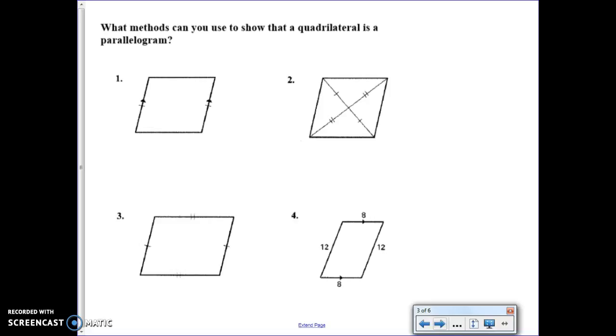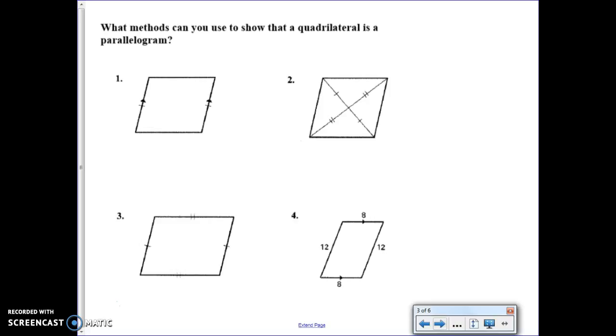Okay, so then this says, what methods can you use to show that a quadrilateral is a parallelogram? So we're just looking at the picture to determine which picture does this look like. And to me, I see that there's a congruent symbol and a parallel symbol on one pair of sides.